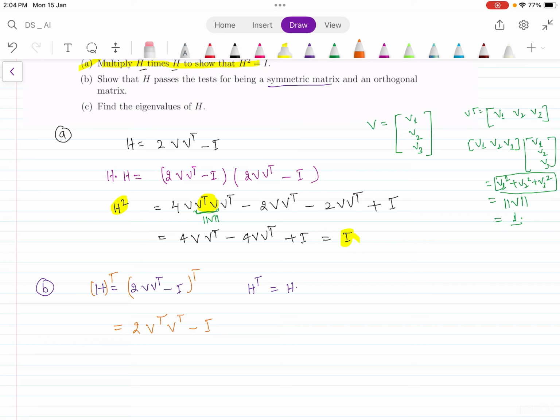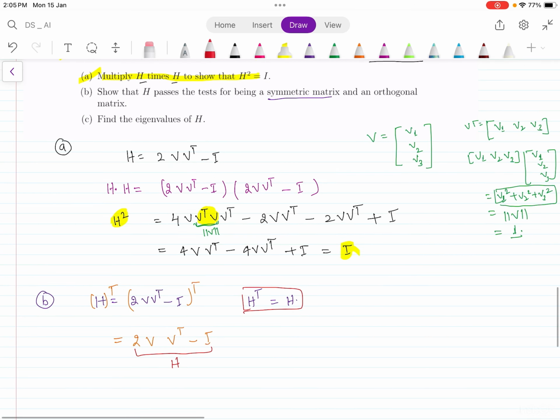And here we will have v, and the transpose of the transpose of v will cancel out, so here we will have v transpose again. What we get is again this part, you see, that is again H, right? So that means this matrix is symmetric, right?